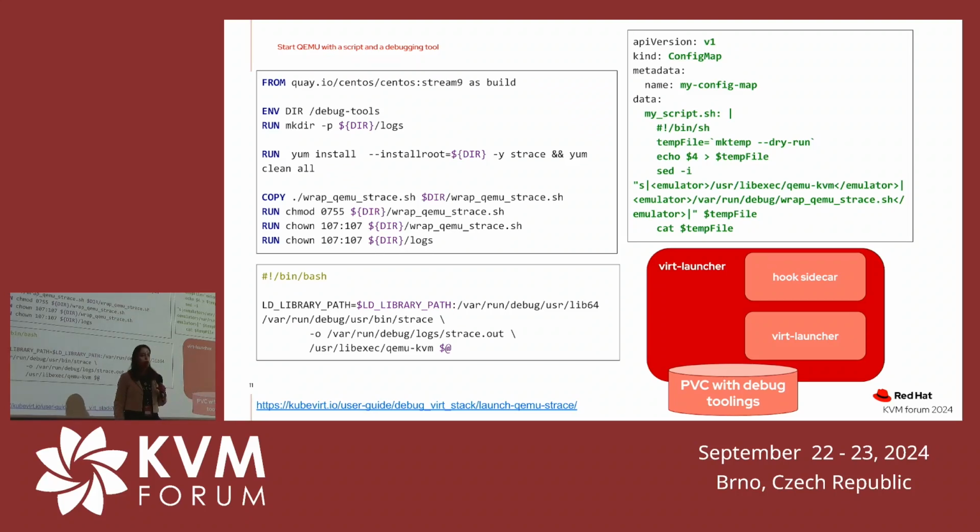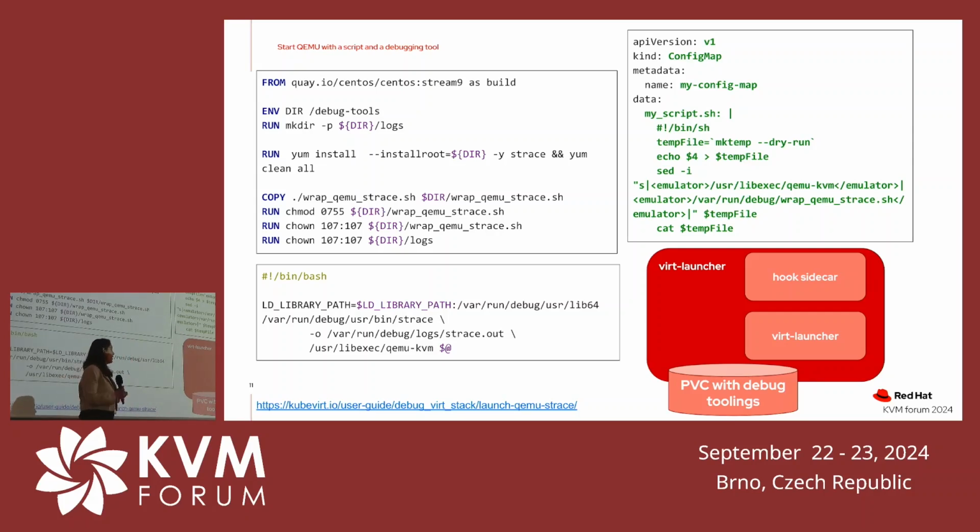Another thing I want to stress is that I cannot run QEMU and then attach strace. This is not possible. I will get permission denied because that requires high privileges. But what we can do is start strace and QEMU as a child. So what I want is that libvirt, instead of starting QEMU directly, will start strace plus QEMU. This is the goal that we want to achieve here.